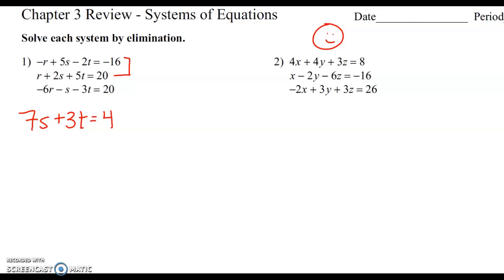Then I look and I think I'm going to do the second and the third. Because I have negative 6r, I'm going to have to multiply this middle one by 6 to make it opposite. So that's going to give me 6r plus 12s plus 30t equals 120. Combining it with the third one, I'll go ahead and rewrite it.